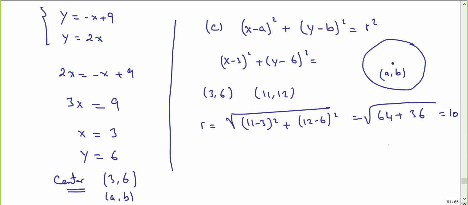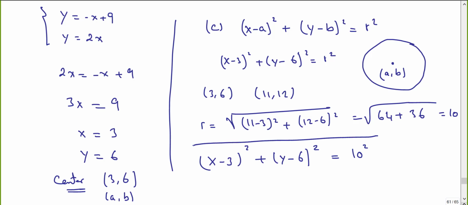That's root 100, which is 10. So the radius is 10. So the equation will be x minus 3, and as I said, r squared, all power 2. Are you following or are you lost? Following. This is r, 10 power 2. So it's 100 here. You get this?